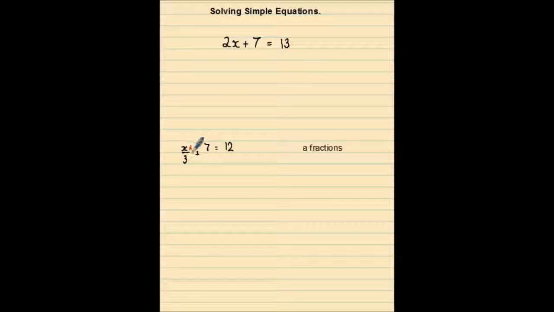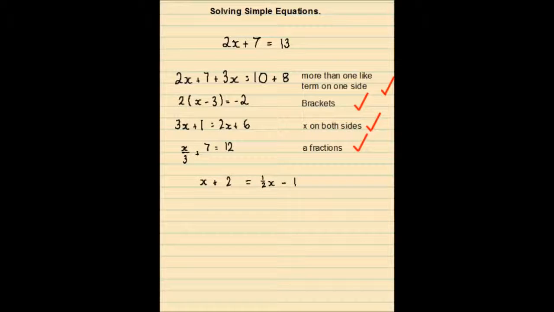So I'm going to multiply every term by the denominator of the fraction. These threes will cancel. And we're left with a simple equation. Once again, we can solve.